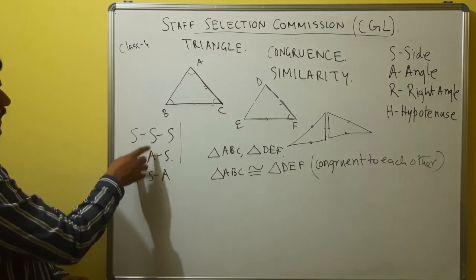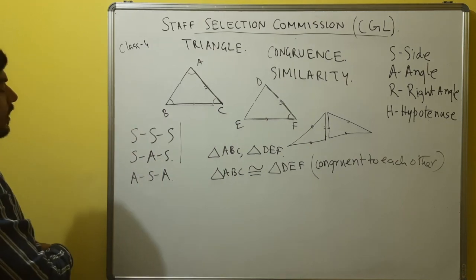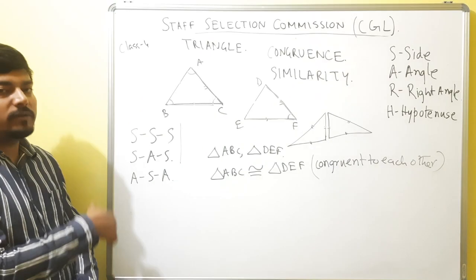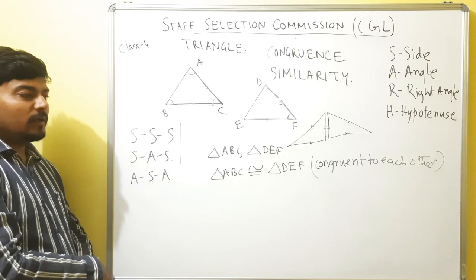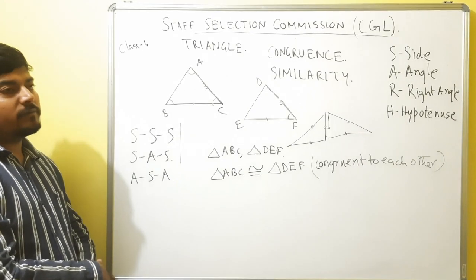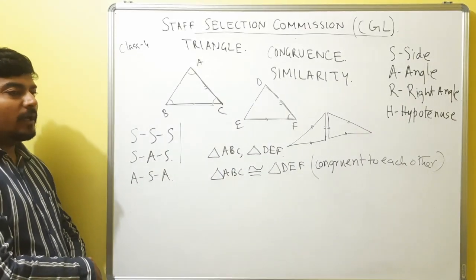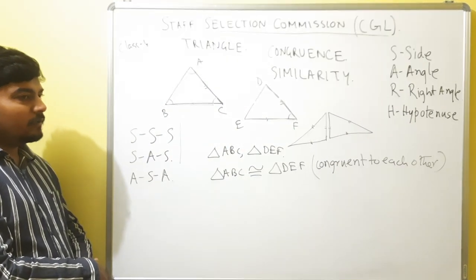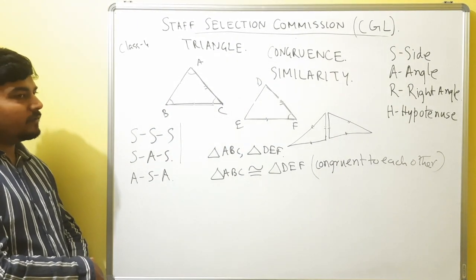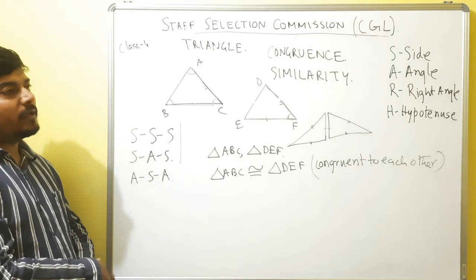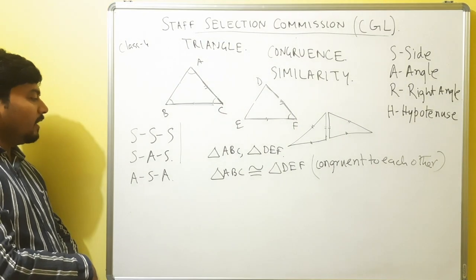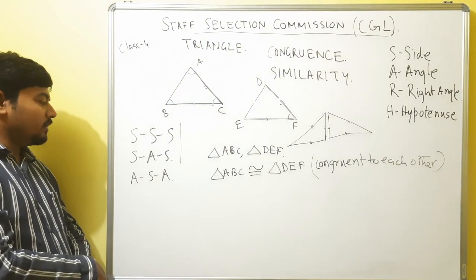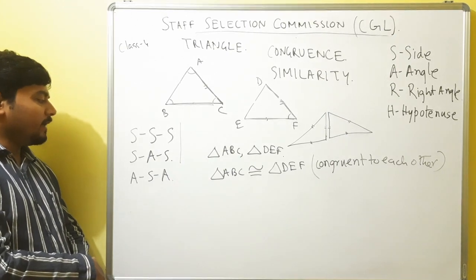When we know that three sides of one triangle are matching with three sides of another triangle, both are congruent. Two sides matching with another triangle's corresponding two sides, and the angle between these two sides matching with the corresponding angle in the other triangle, then also that is congruent to each other.